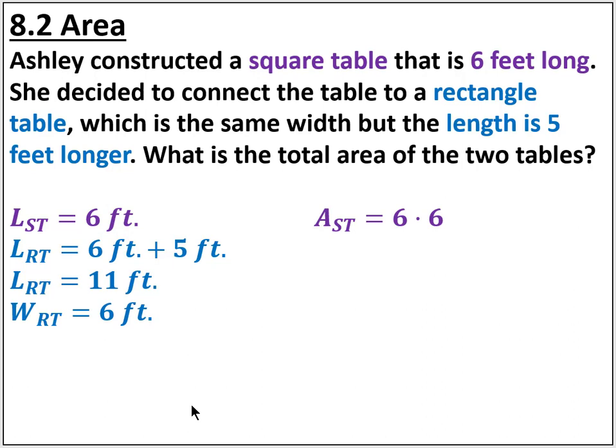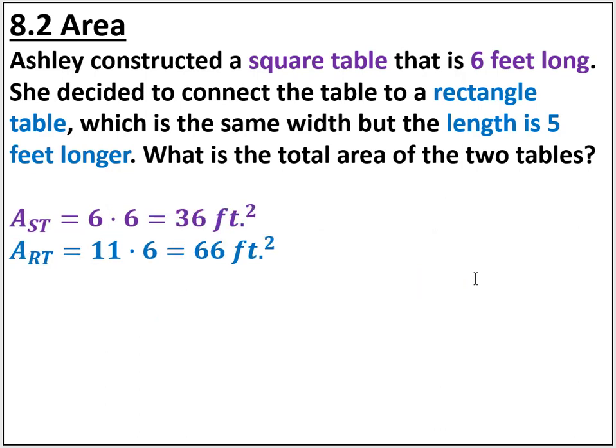For the rectangle, we have our length and our width, so we write A sub RT. The area of the rectangle table is equal to 11 times 6. All right, let me clear up the work to make more space. The area of the square table is 6 times 6, which equals 36 feet squared. The area of the rectangle table is 11 times 6, which is 66 feet squared.